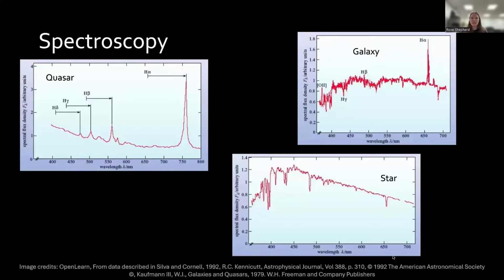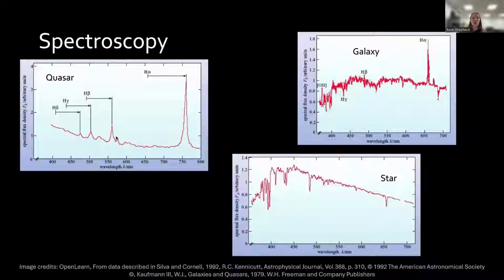So here are some real examples of different objects in the sky and the different features that we observe. There's a lot of information we can learn from these about chemical composition, distance, star formation rate, motion, but for today, I'm just going to point out the distinctive features for these different types of objects. So you might notice there's these spikes in the spectrum at certain wavelengths, which we call emission lines, which demonstrate the presence of different chemical elements.